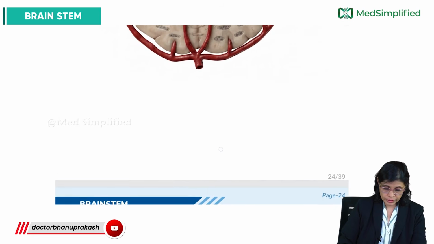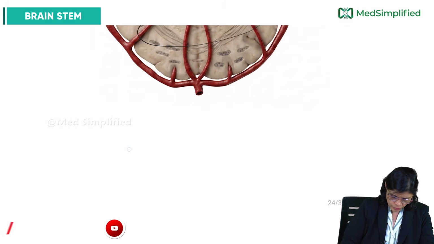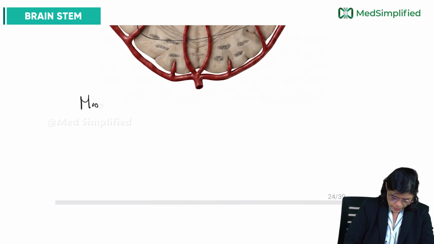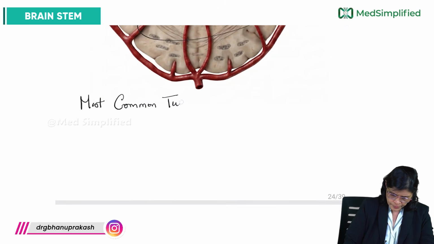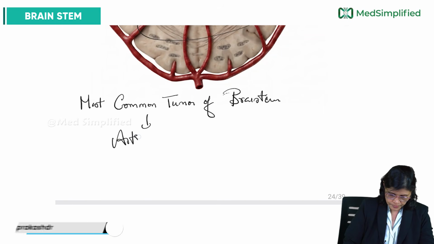And here one more word about one of the most common tumors. Just remember that the most common tumor of the brainstem is basically the astrocytoma of the pons.